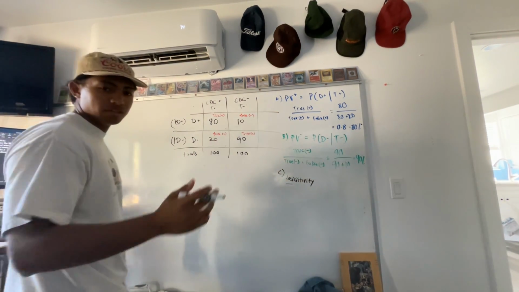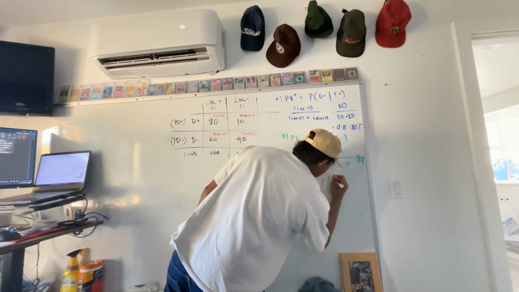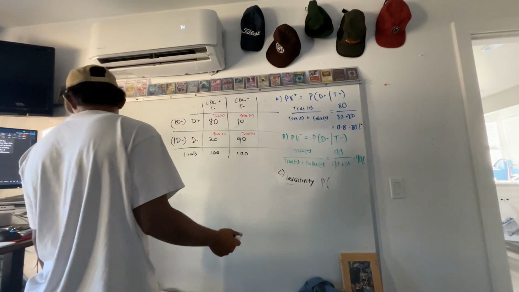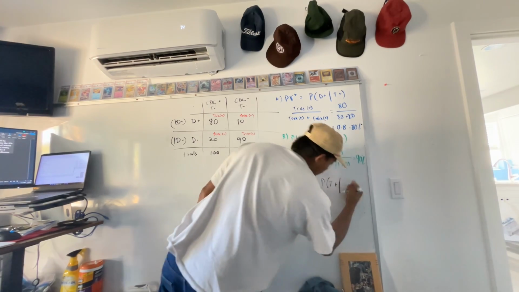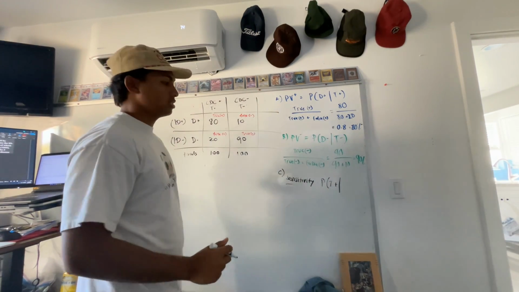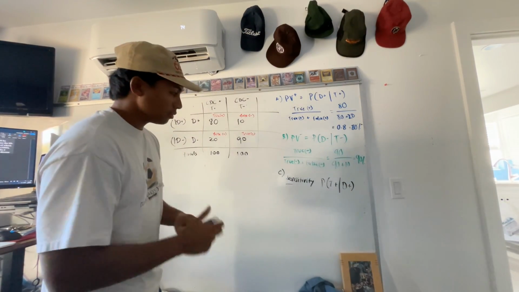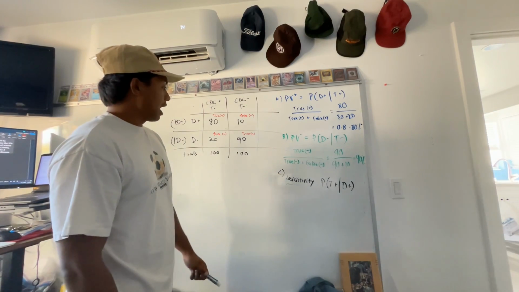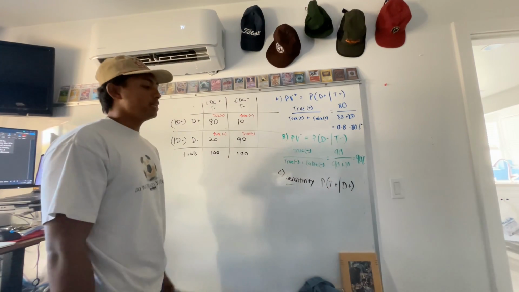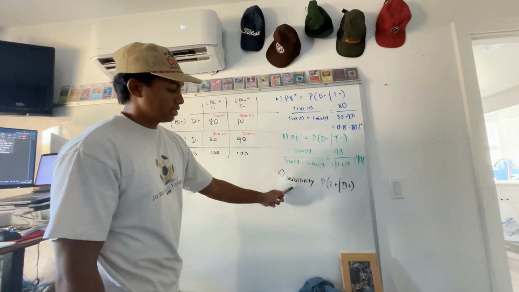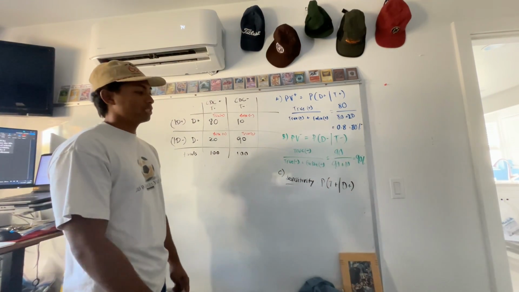With sensitivity, what we're concerned with is the probability that we test positive, given that the disease is positive. So sensitivity is, out of all of those who are disease positive, what is the probability that we test correctly for those who are positive?